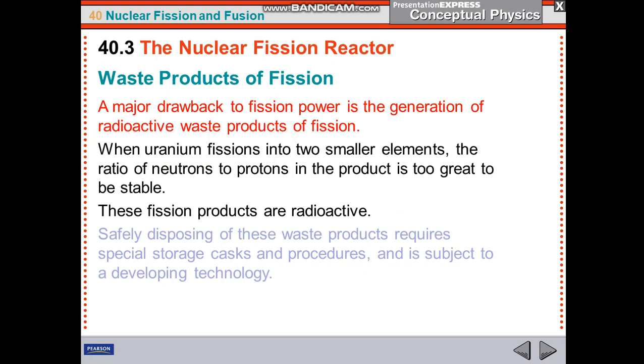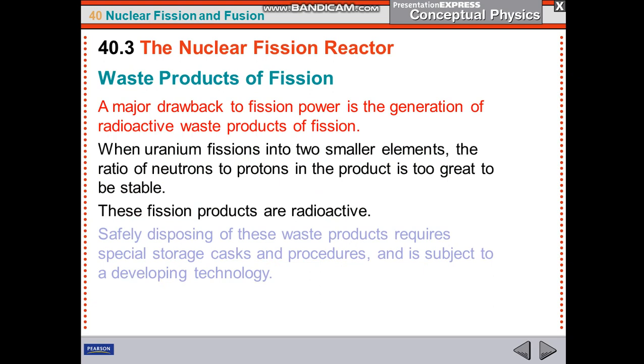So, what will happen to the waste products of fission? A major drawback to fission power is the generation of radioactive waste products of fission. When uranium fissions into two smaller elements, the ratio of neutrons to protons in the product is too great to be stable. These fission products are radioactive.